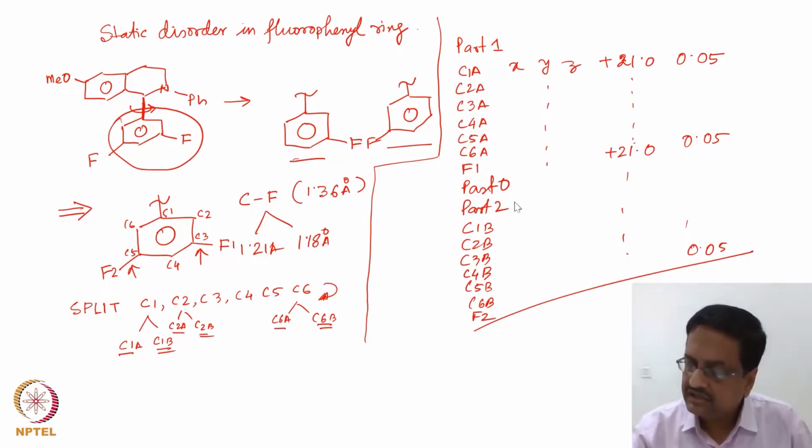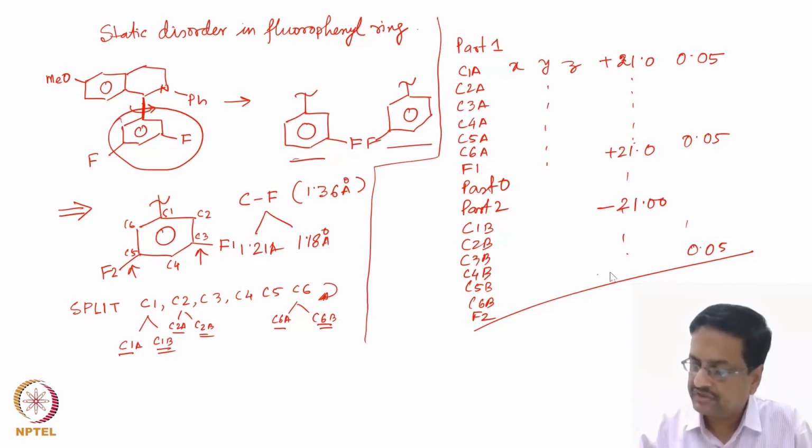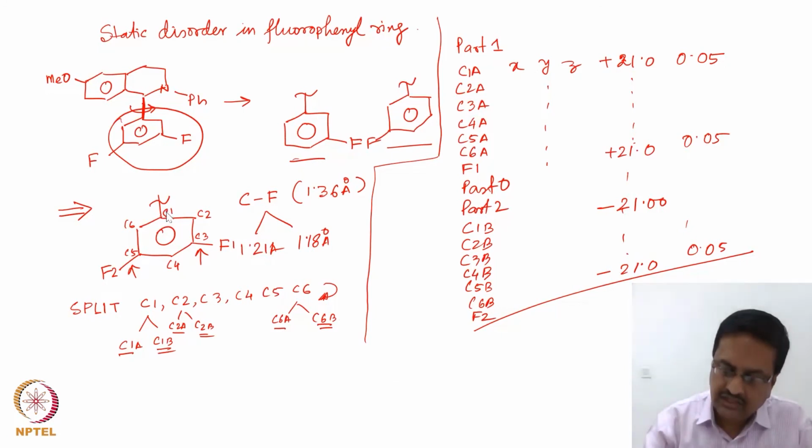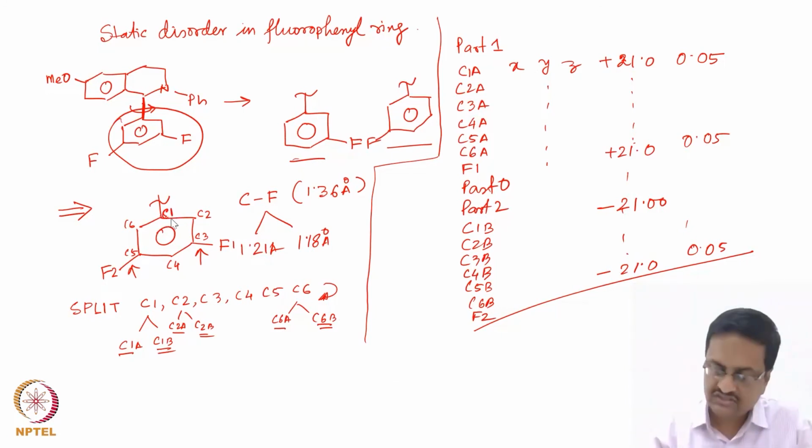So this will be the minus 21 as the occupancy parameter. Now we have two parts, part 1 and part 2. But you see that the atoms C1, which is split as C1A and C1B, are located at the same place. C2A and C2B are located at the same place. Like that, C6A and C6B are located at the same place.